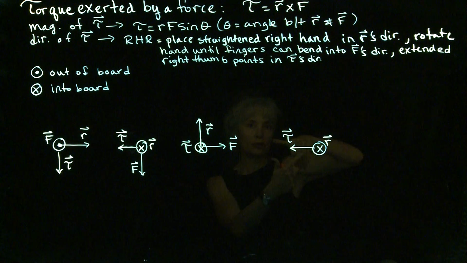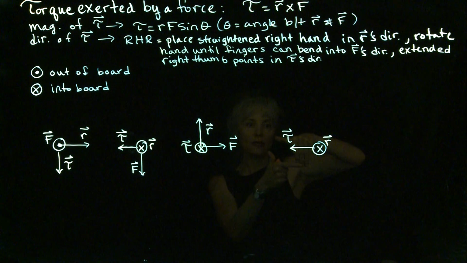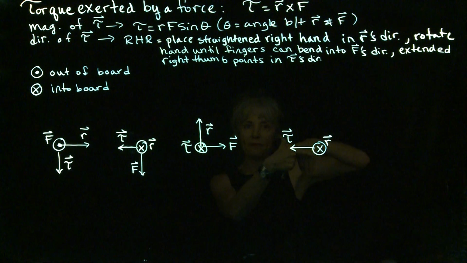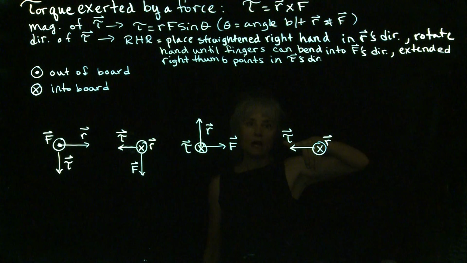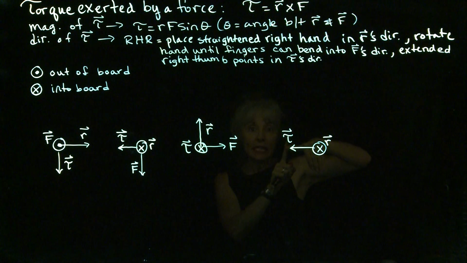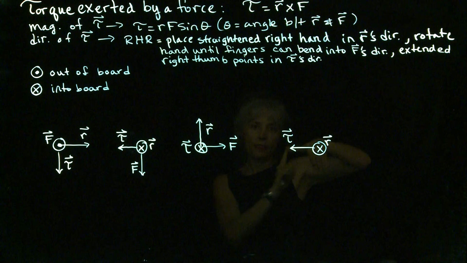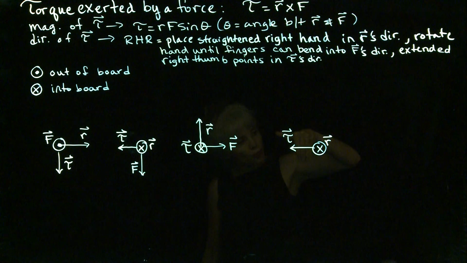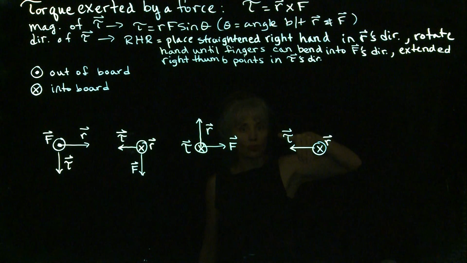My fingers are the second vector, with the fingertips being the tip of the arrow of the force and the base of my fingers being the tail of that vector F. And then lastly, the thumbnail is going to be the tip of the torque's arrow, and the base of my thumb is going to be the tail of the torque's arrow. So your right hand forms a right-handed coordinate system, which is why the right-hand rule works.